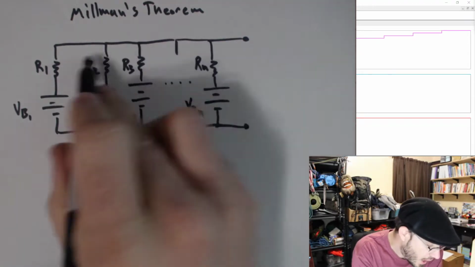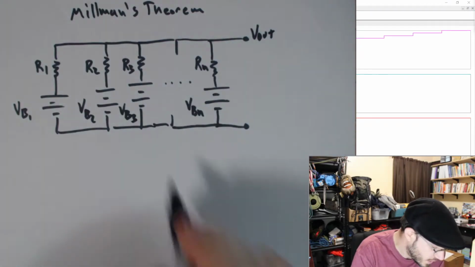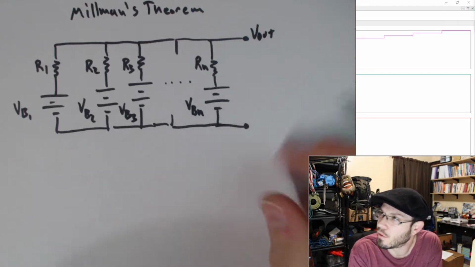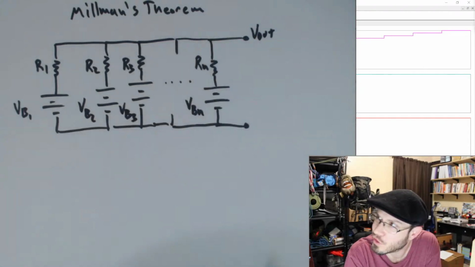Okay, and then if you think about over here as this being our V out, and this over here would be our ground, or you can just think of V out as being the voltage between these two terminals.